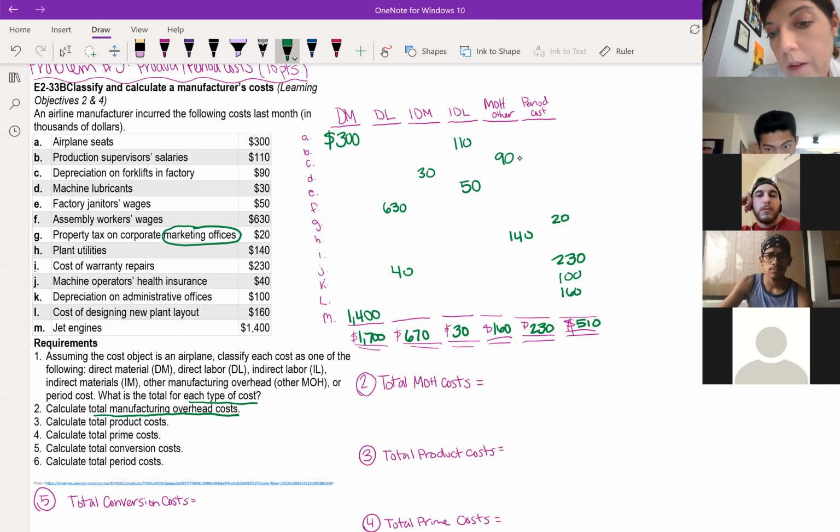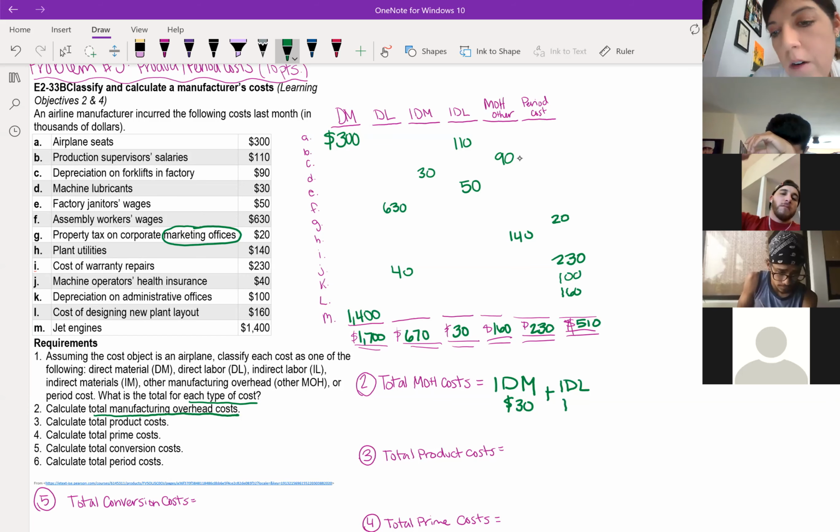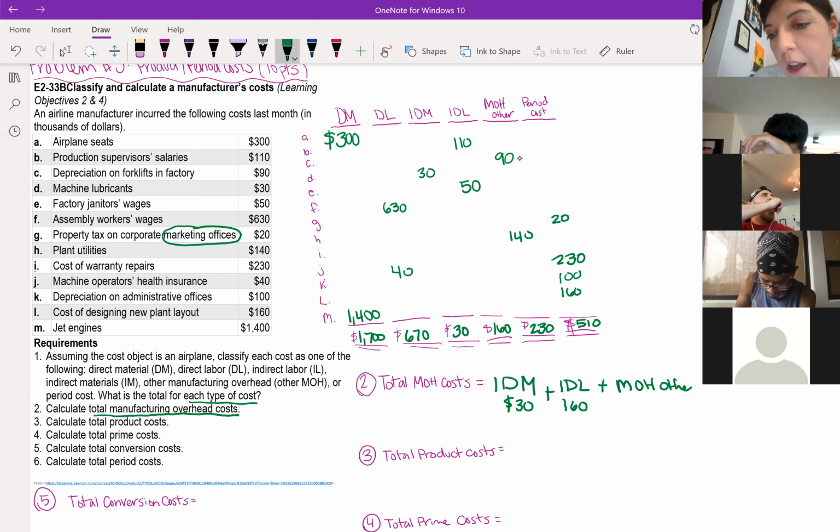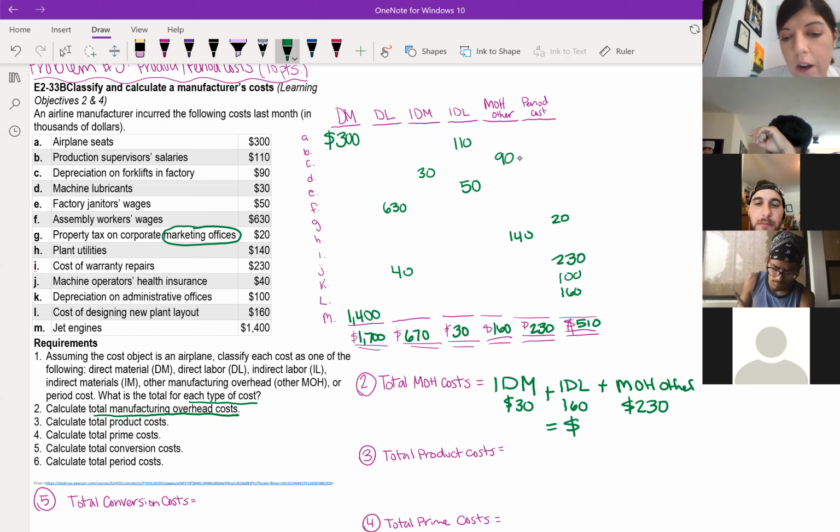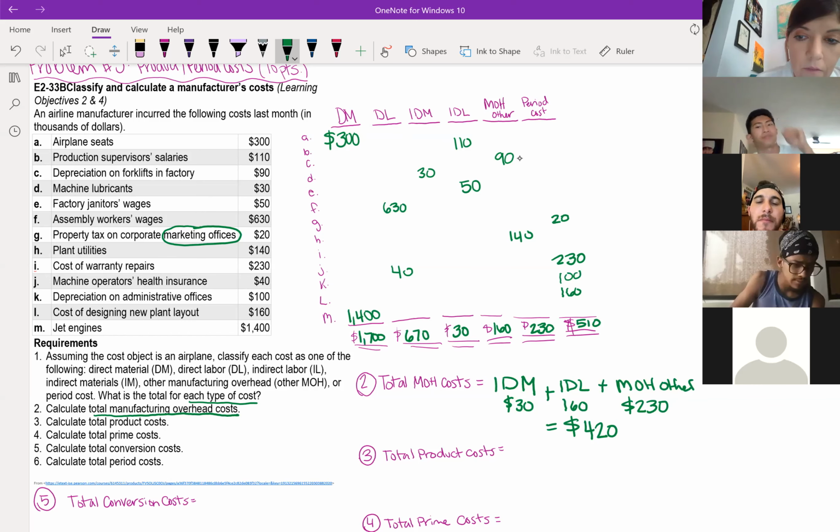Indirect materials of 30 plus indirect labor of 160 plus manufacturing overhead other of 230 for a total manufacturing overhead cost of 420. Okay.